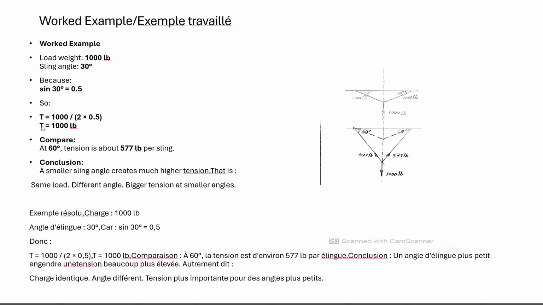That is T equals 1,000 pounds. So the tension in each sling is 1,000 pounds.